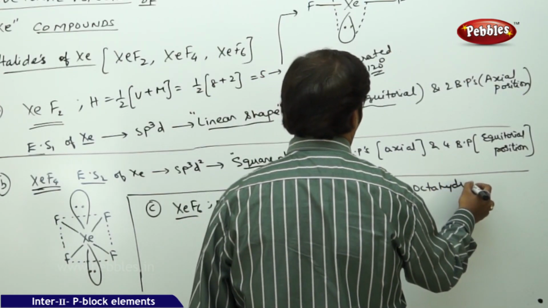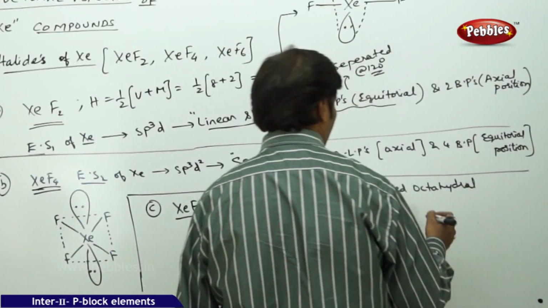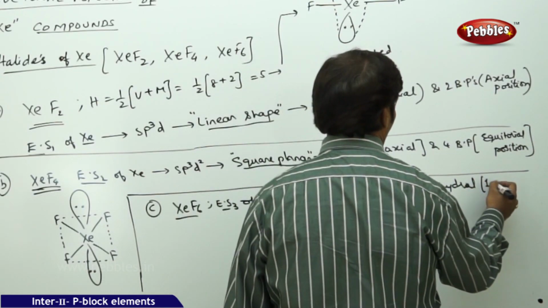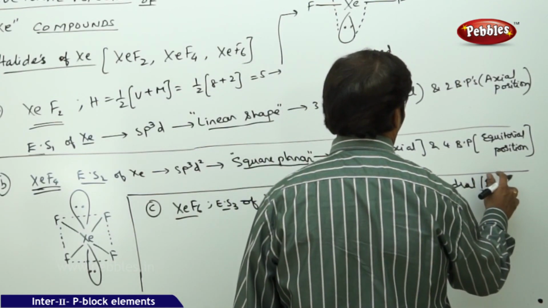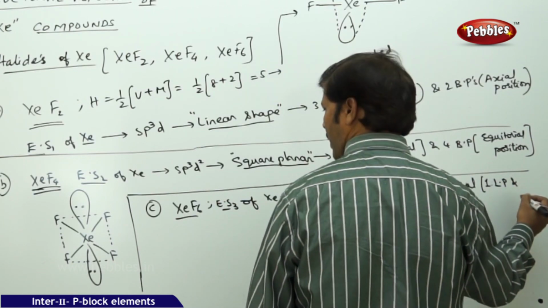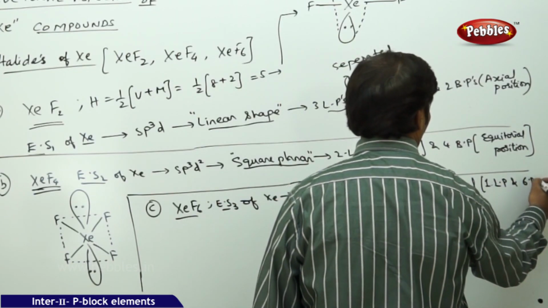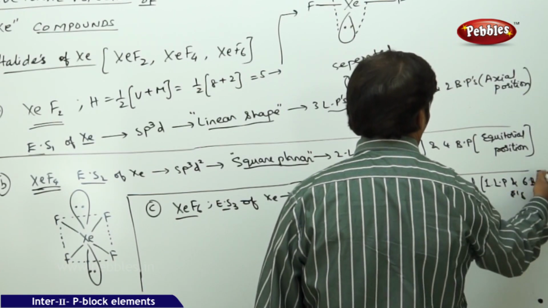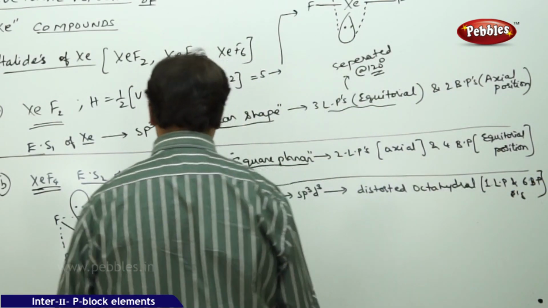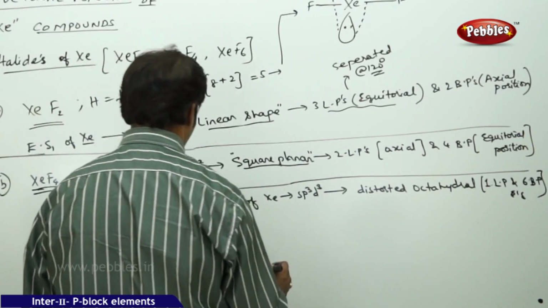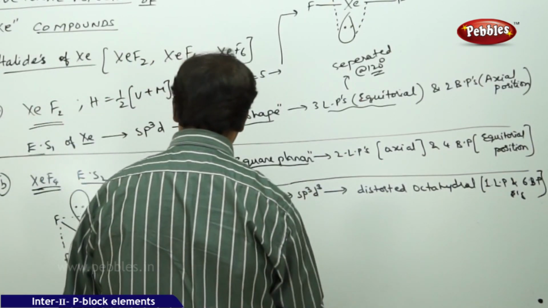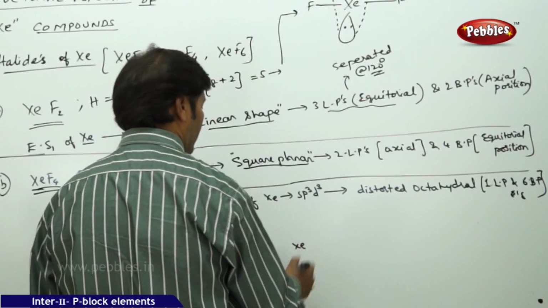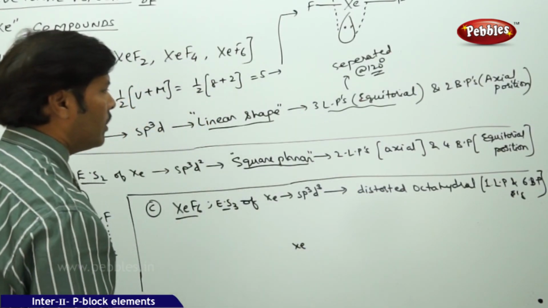It has a distorted octahedral shape with one lone pair and 6 bond pair electrons. So here we can take the structure in this pattern, because it is sp3d3 hybridization. The best thing we can do here is a distorted octahedron.